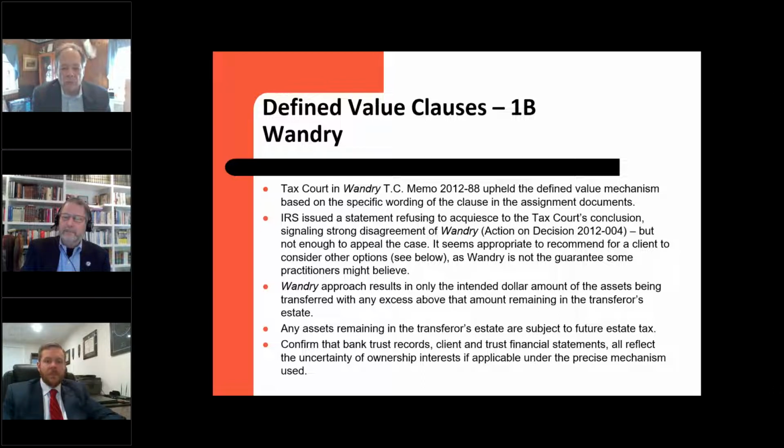But I think you're right to put down that these are estimates only. And in fact, in some circumstances, you may want to make an actual taxable gift of part of the property, claim whatever value we have, and that may be acceptable for purposes of running the statute of limitations with respect to the amount that you have sold pursuant to a Wandry formula.